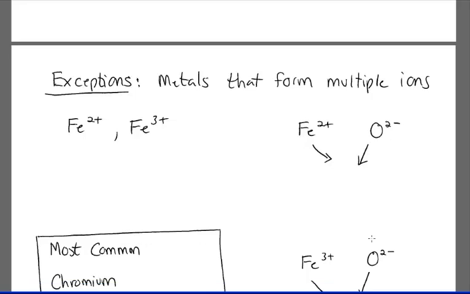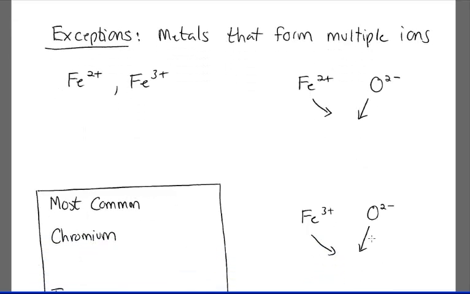Okay, but there are some exceptions where you do have to name how many, and those are metals that form more than 1 ion. Group 1 only forms +1, group 2 only forms +2, but there are some elements that can form more than 1, and iron is one of them. It forms Fe2+, it forms Fe3+.